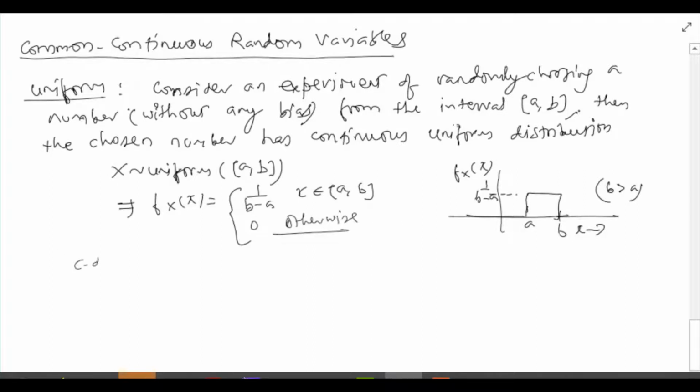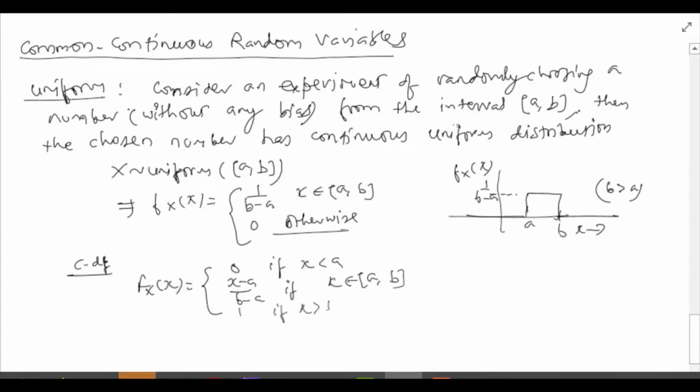Clearly, its CDF can be written as F(x), which will be 0 if x is less than a, (x minus a) divided by (b minus a) if x is between a and b, and it is 1 otherwise, if x is greater than b.